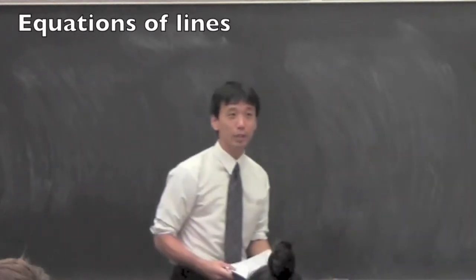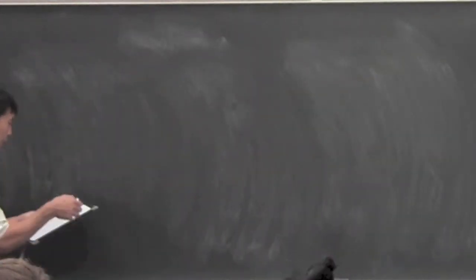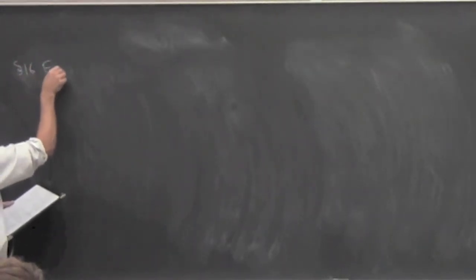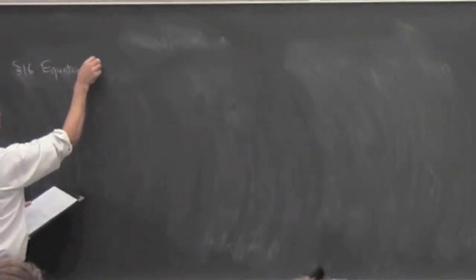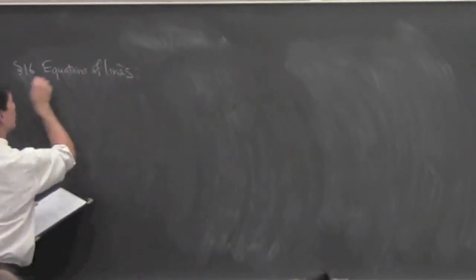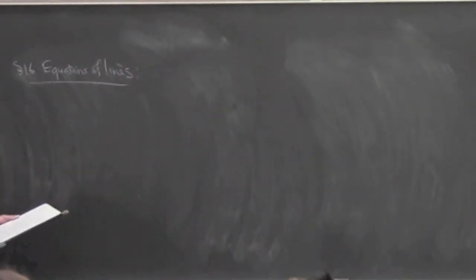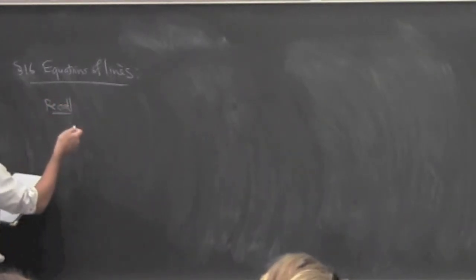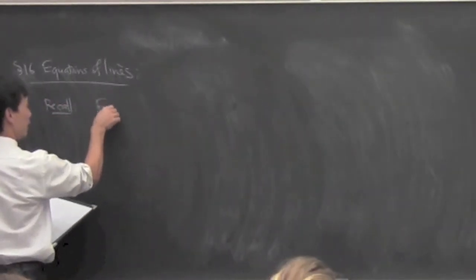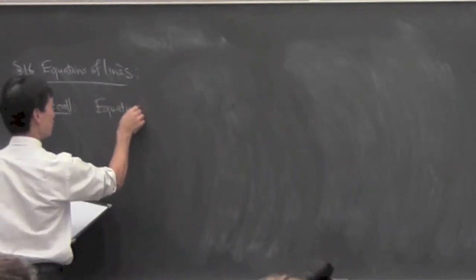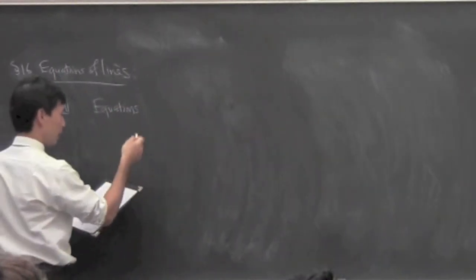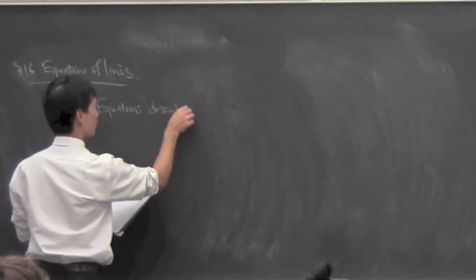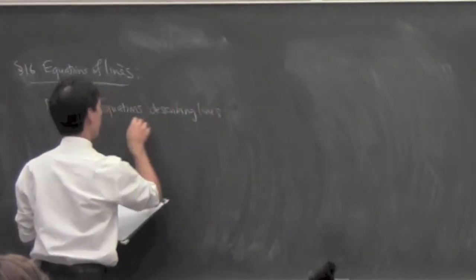Okay. Continue onwards, again with more review stuff. Equations of lines. So I think I'm just going to say this. Let's recall that I think you all probably saw this in junior high school. Let's recall that equations describing lines have various forms.